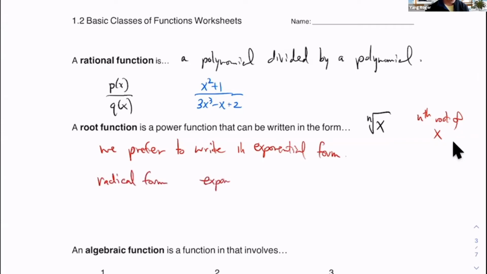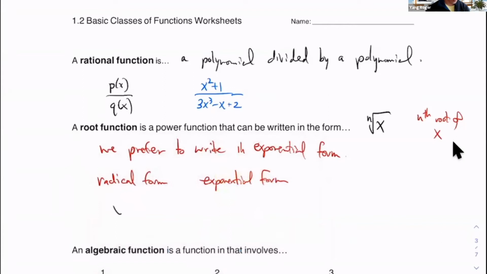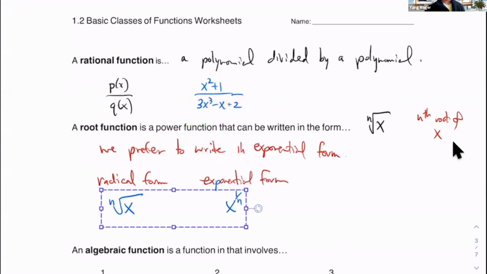Exponential form looks like this. If we have the nth root of x, the exponential form is x to the 1 over n. Does that make sense to everybody? Any questions?